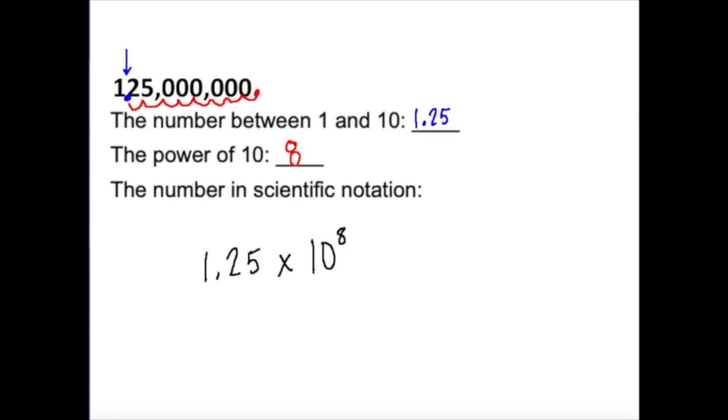So the first thing I need to think about is how to undo what we did here. So I have the power of 10. Let's move that decimal back. So when we were changing something into scientific notation, we moved the decimal to the left. So now to undo that, we need to move the decimal to the right.